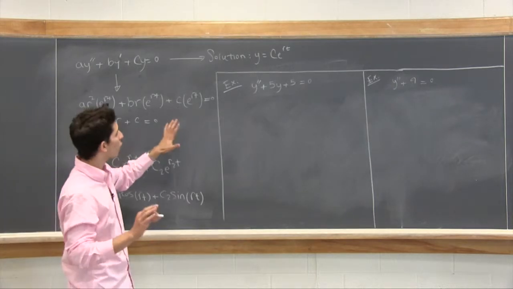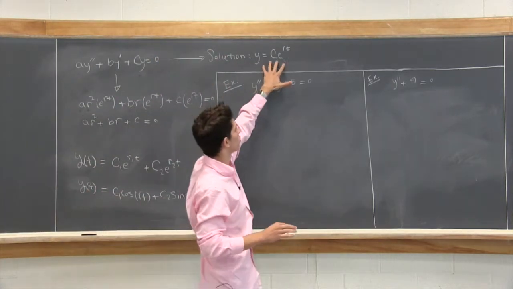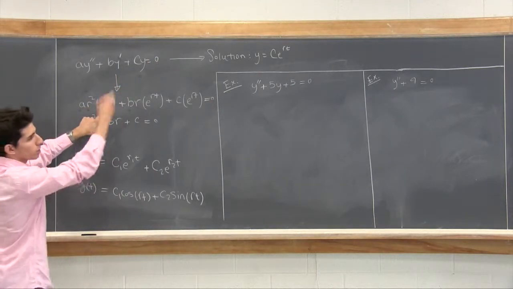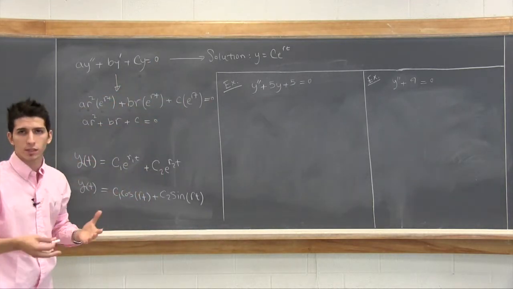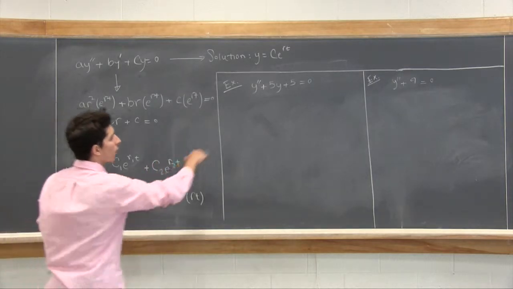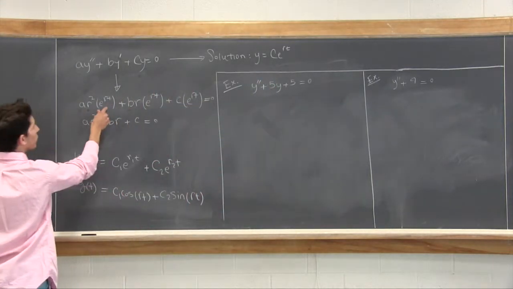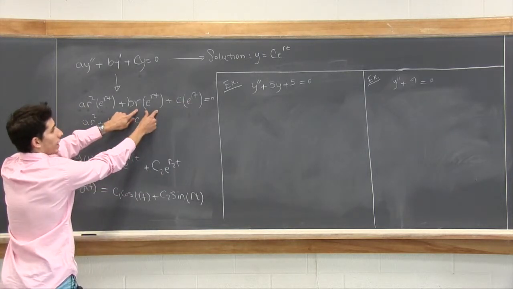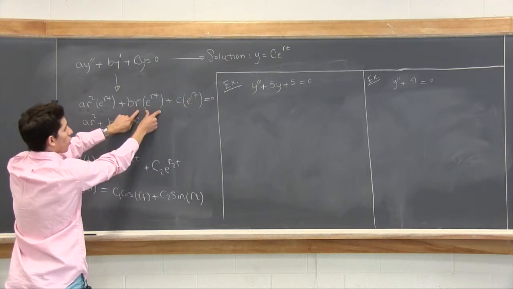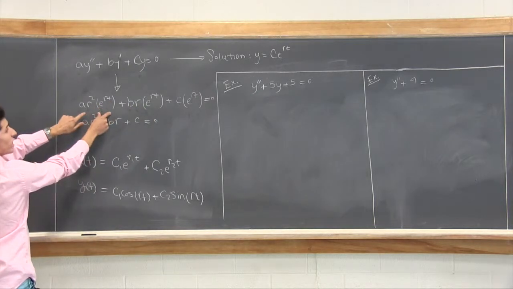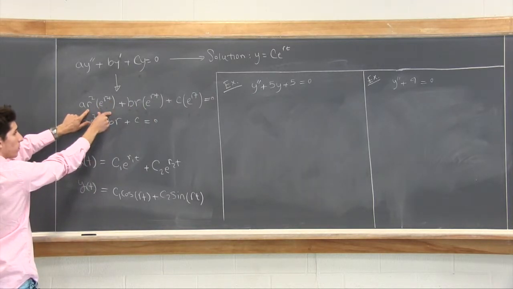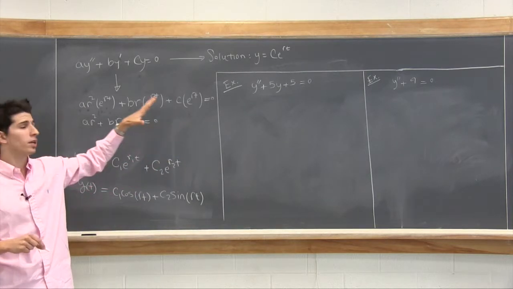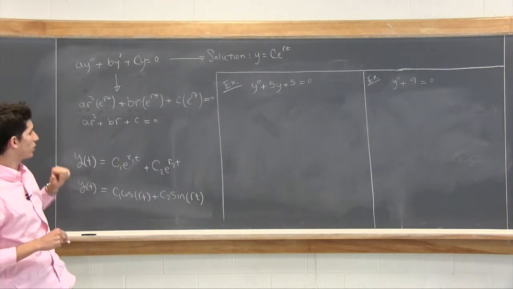Okay, so the way we're going to solve it is we're going to assume that the solution is of this form, and then plug it in. I dropped the c just because we're going to add this constant at the end. But for now, we have e to the rt, we drop it in for y, then we derive it once and the r pops out, and we drop it in for y prime, then we derive it again, and we have r squared, and we substitute it in for y double prime.